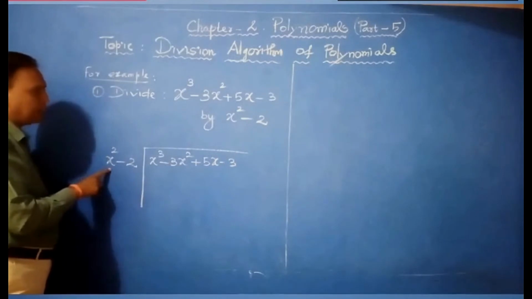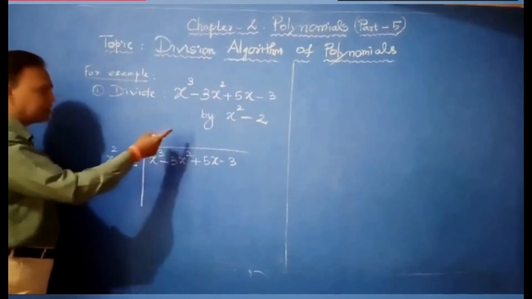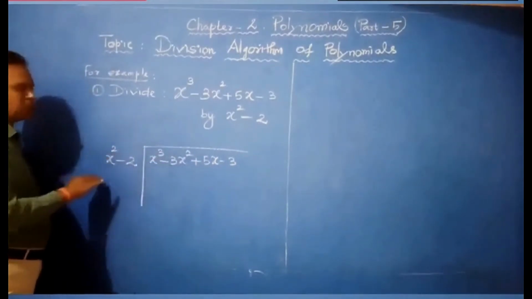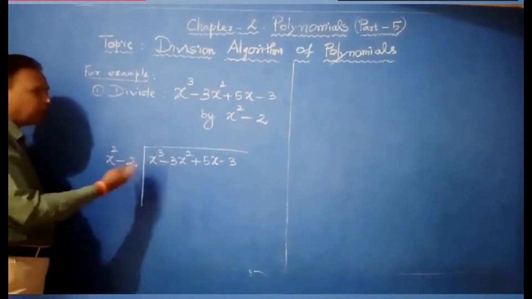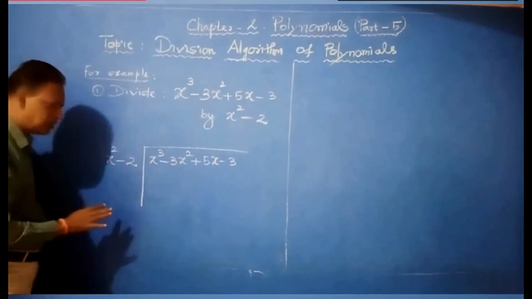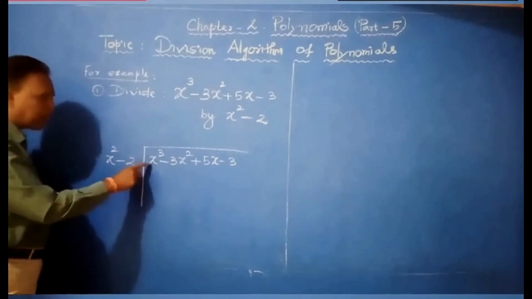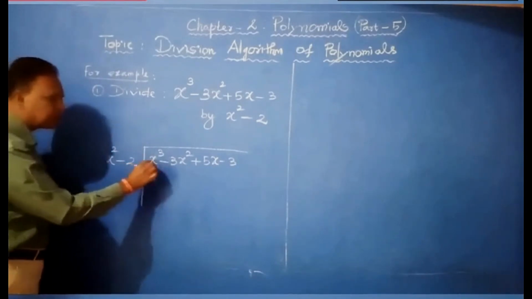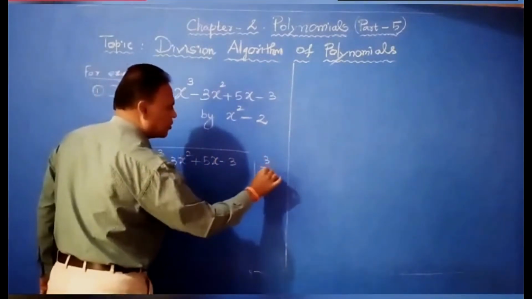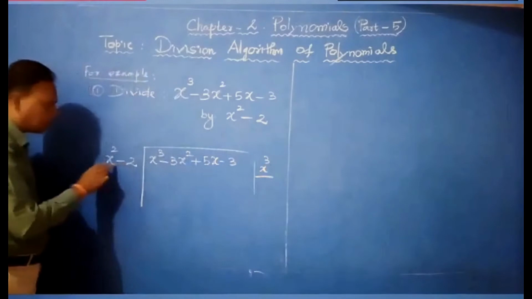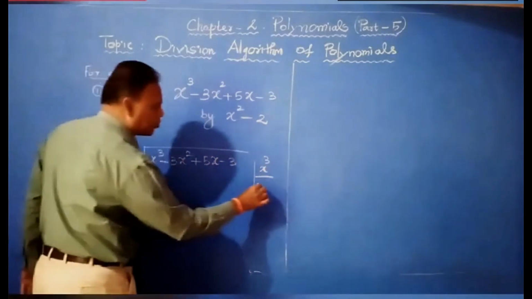Okay. Now see, division means you have to reduce the polynomial. You have to reduce the degree of the polynomial. Clear? On dividing, automatically it will be reduced. Now you see how to reduce: this polynomial's first term, you divide by this polynomial's first term x squared.